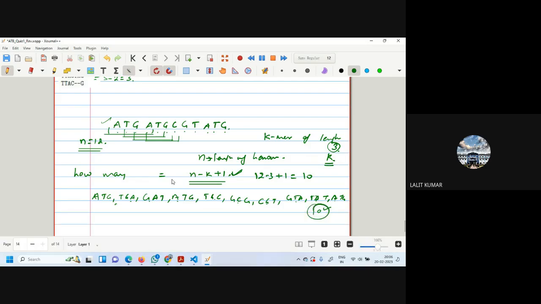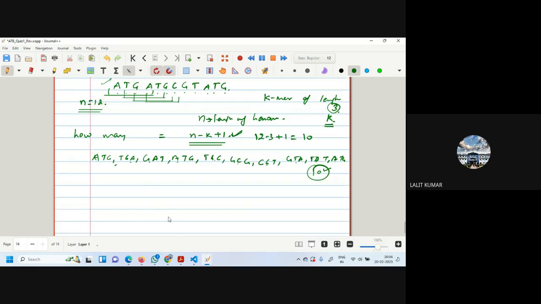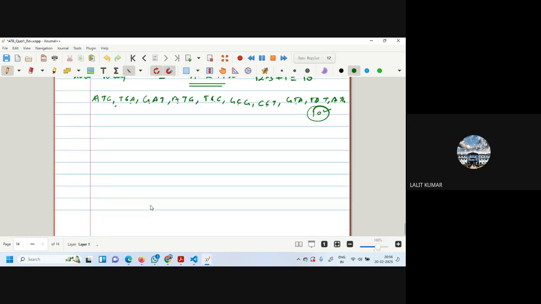From the k-mers, we can make the graphs. The first part the professor covered: if we have the k-mers, I will take a small example, A, T, G, C, T, A, G, T. We make the k-mers first, and from that we build the graph.